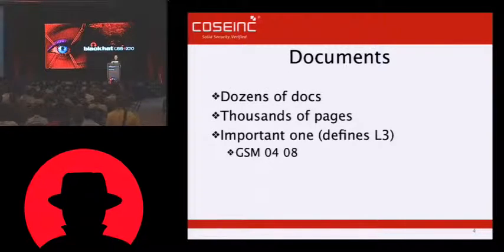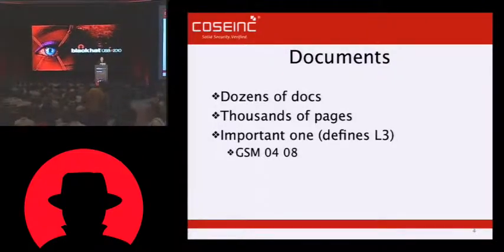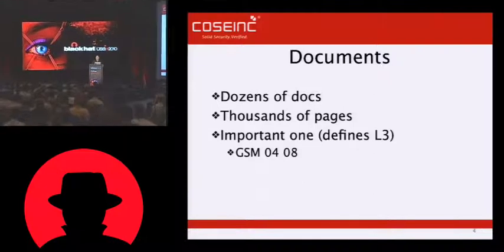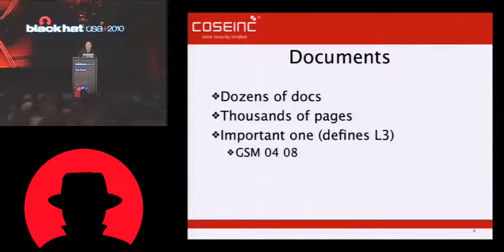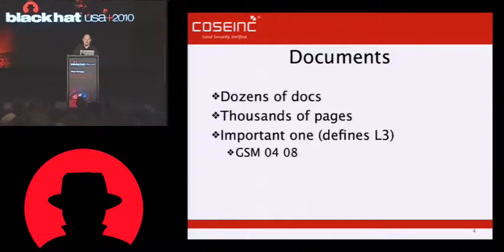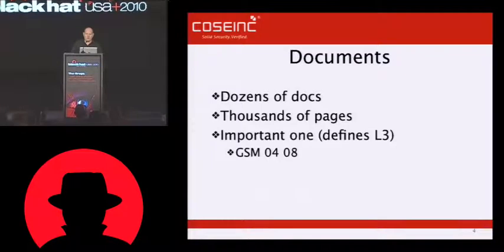So the GSM protocol is absolutely huge. It's made up of dozens and dozens of documents. Like there are these 1,000-page PDFs that you have to read. So, for example, to understand the L1 layer, which is the radio encoding layer, you have to read a 500-page document called GSM 0508.